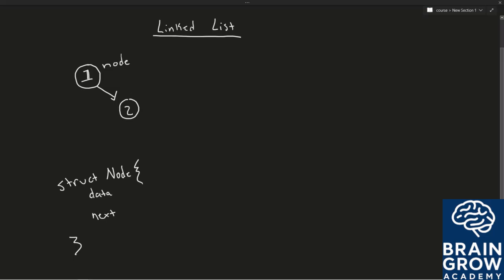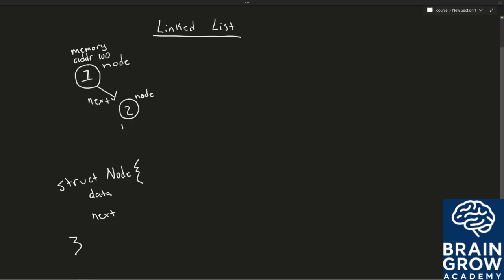So we'll say we have node 2. And we'll say node 1's memory address is 100 to keep it simple. This link right here is represented by the next value in our node struct.